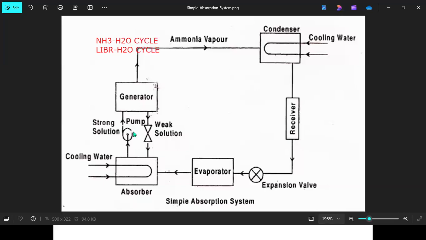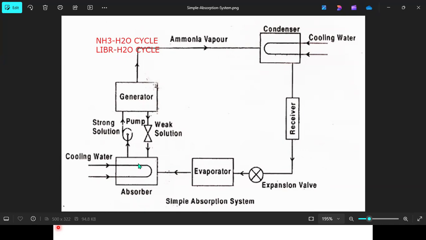We don't want the water temperature to rise, so we provide cooling water in order to maintain the absorber temperature within a certain limit. All right. Is it clear, guys?